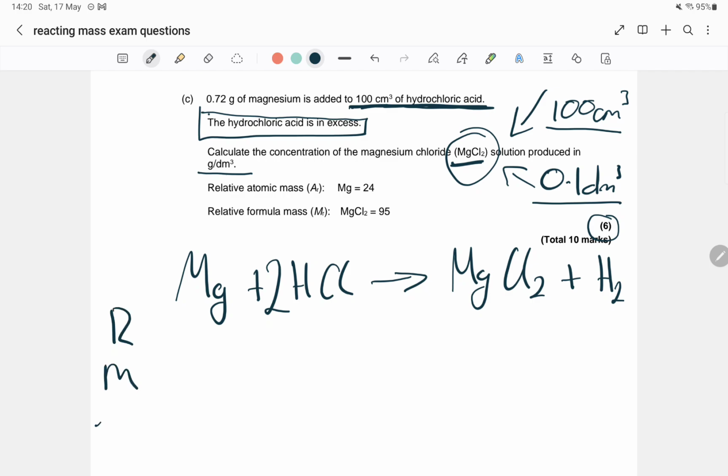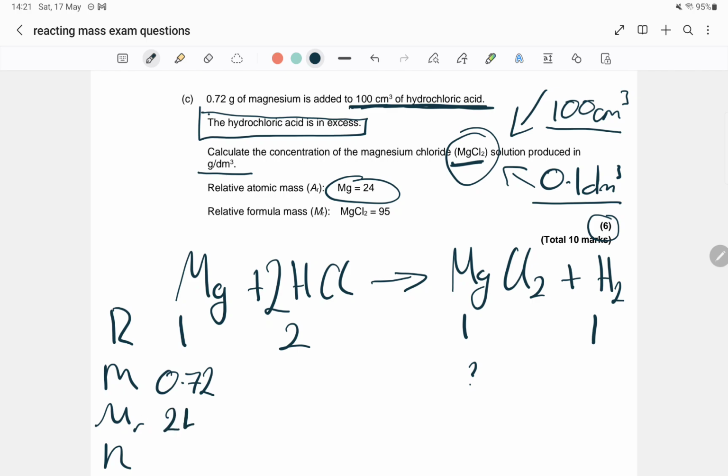Ratio, mass, mR, moles. Ratio is 1 to 2 to 1 to 1. The mass they've given me is 0.72 grams of magnesium, and they want me to calculate the mass of magnesium chloride. They've given me my relative formula mass of magnesium, or relative atomic mass of magnesium, which is what I'm going to put into this part of the table.